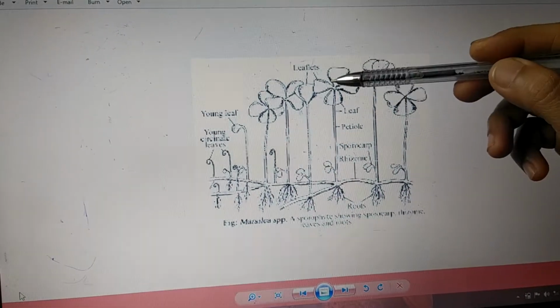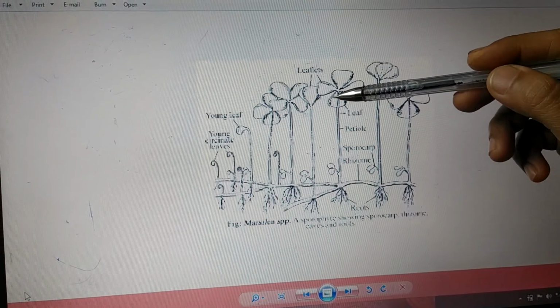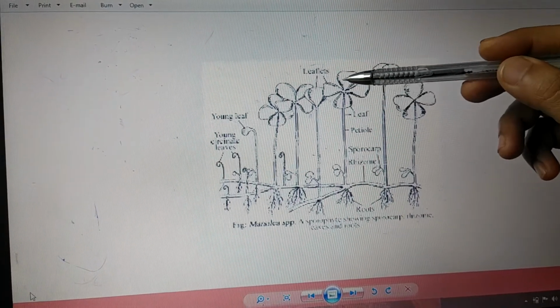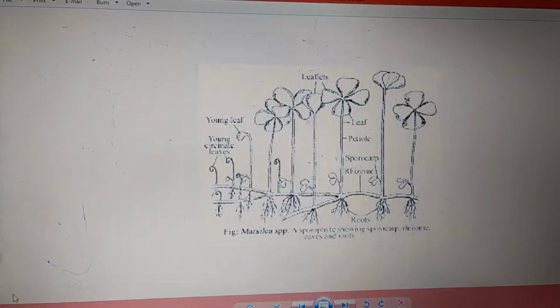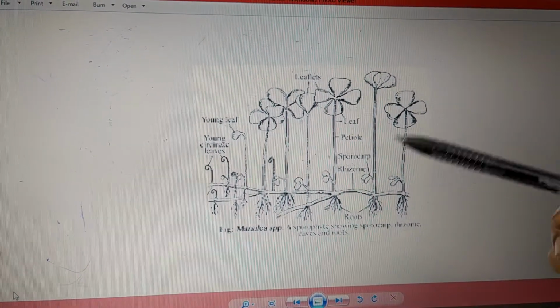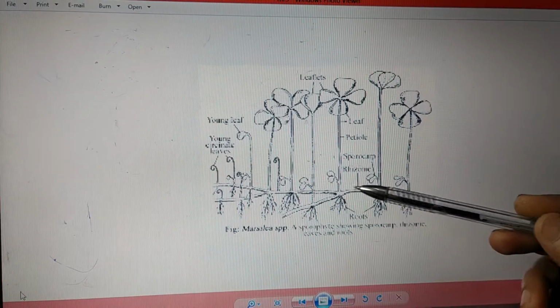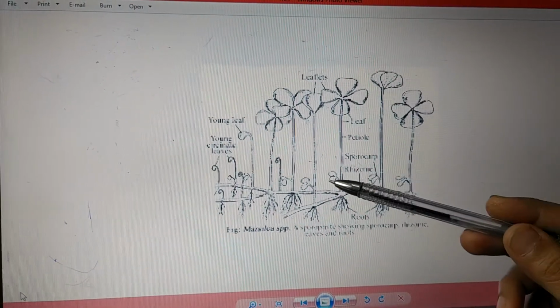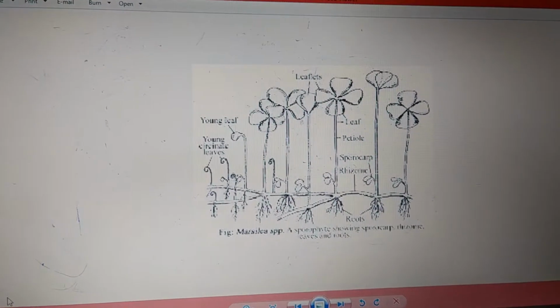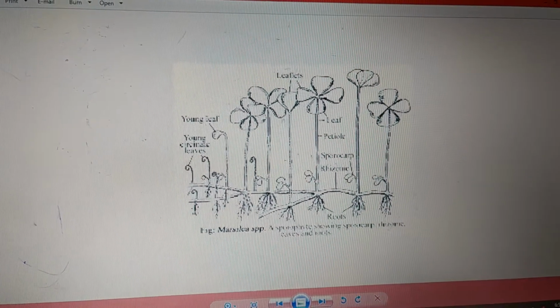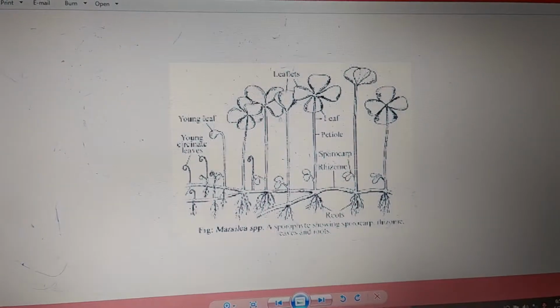On the petiole, there is an arrangement of leaflets which are usually in two rows. They are hardly four in number. At the base of the petiole, we can make out these small bulb-like structures. These are nothing but sporocarps. Sporocarps in Marsilea are responsible for the formation of the spores, which we are going to discuss in detail.